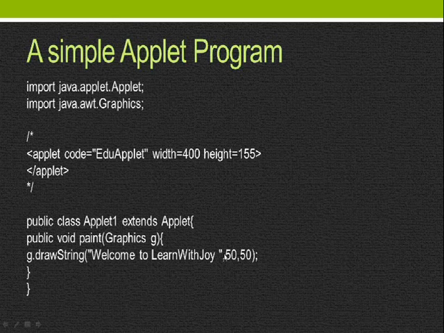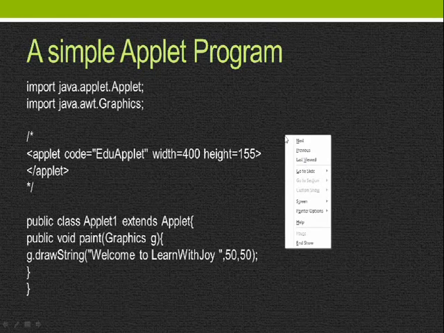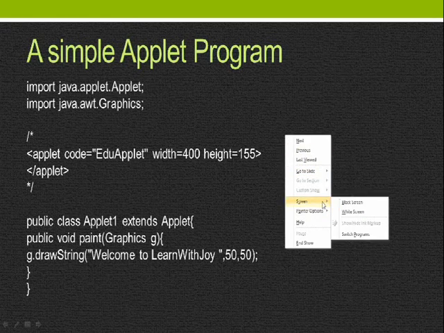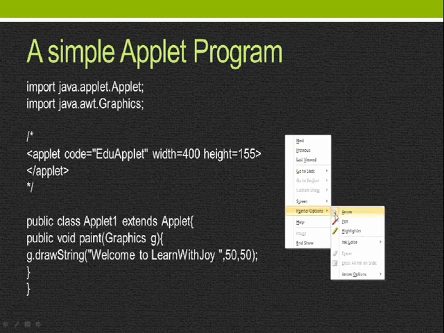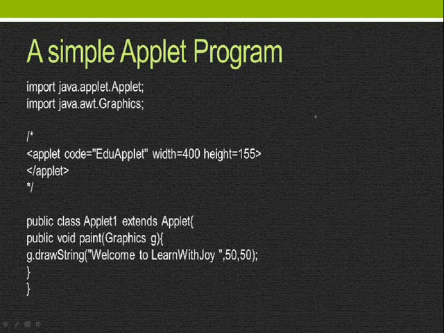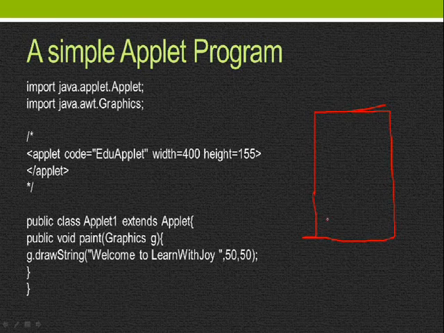And here it is 50, 50. What is the meaning of 50, 50? I will show it. If your Java window looks like this, and this is the applet, this point is 0, 0.